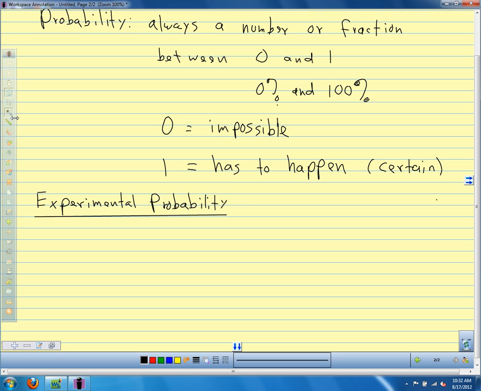We flip coins and we count. We roll die and we count. But we do the same kind of calculation. The probability of an event is the number of favorable outcomes divided by the number of times we do the experiment.